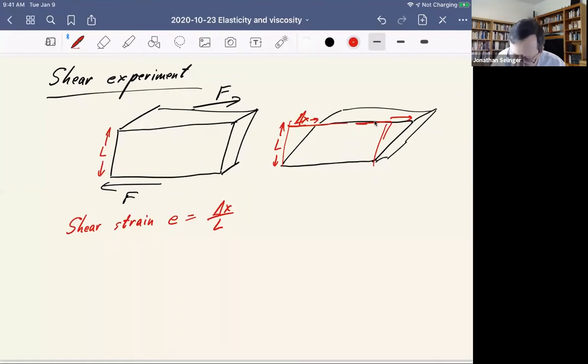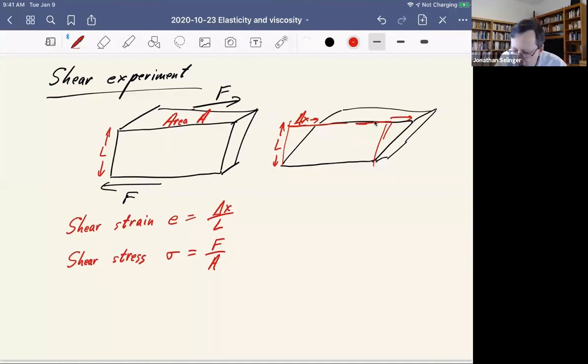Right? Then there is a shear stress, which is the force divided by the area over which the force is applied. That means the area on the top and bottom, right?